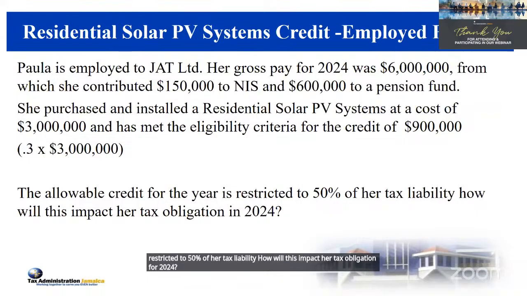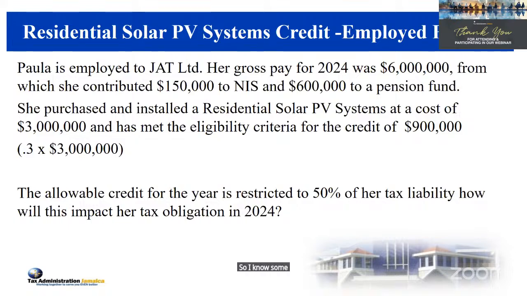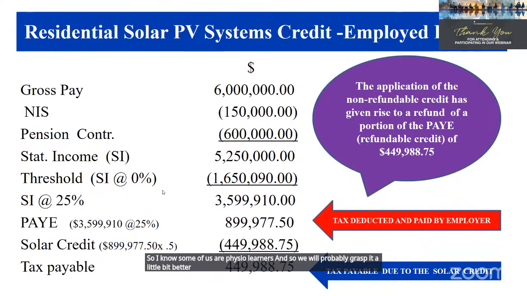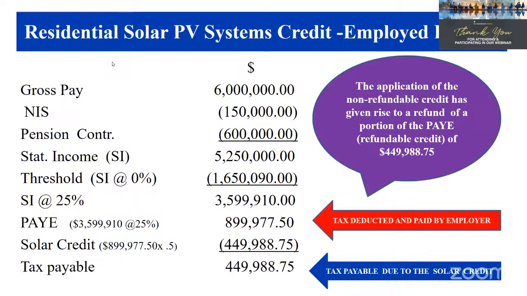So I know some of us are visual learners, and so we will probably grasp it a little bit better if we see it in living colors. All right, so we see here that her gross pay is $6 million, less the NIS and pension contribution.